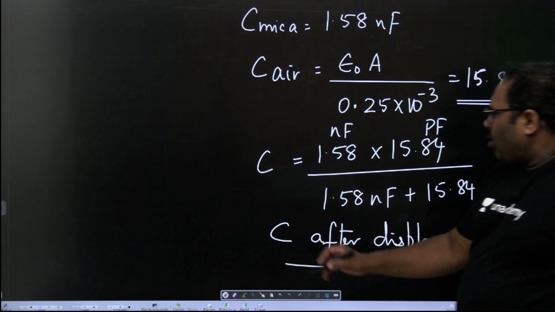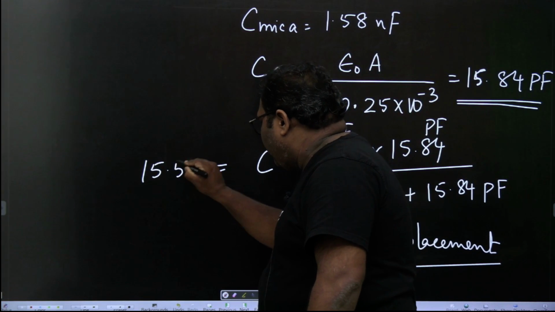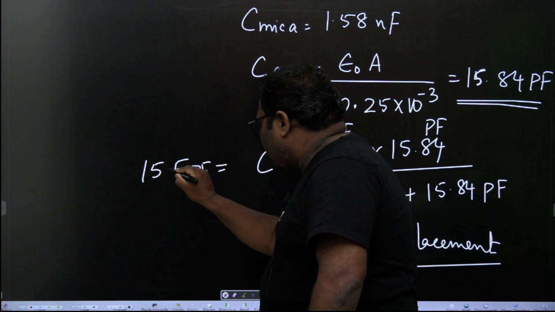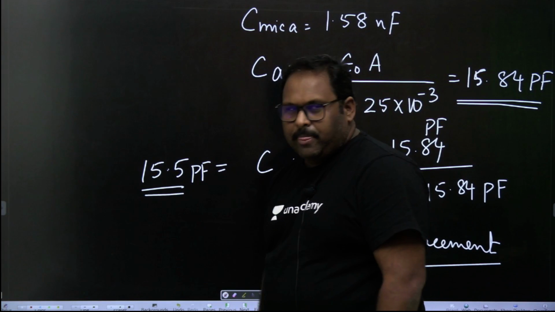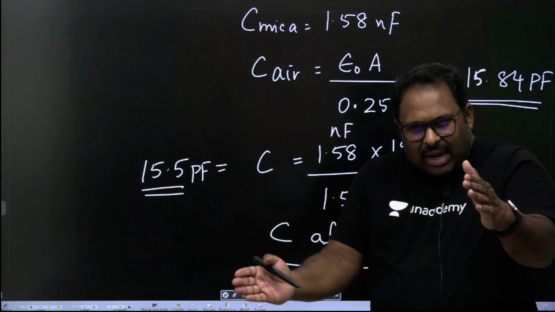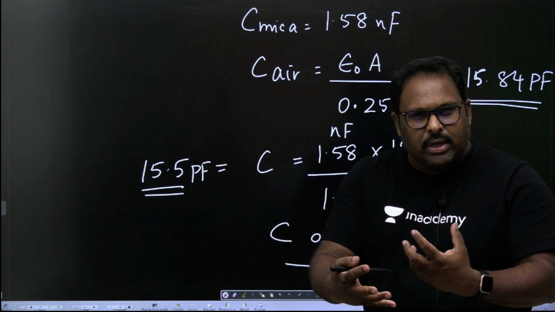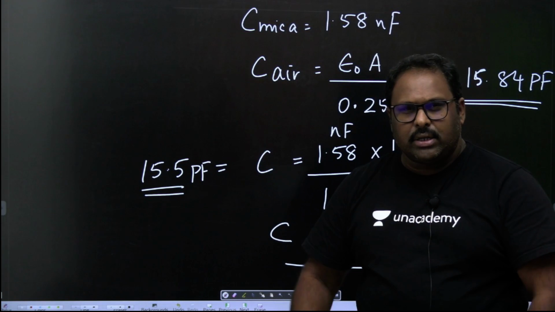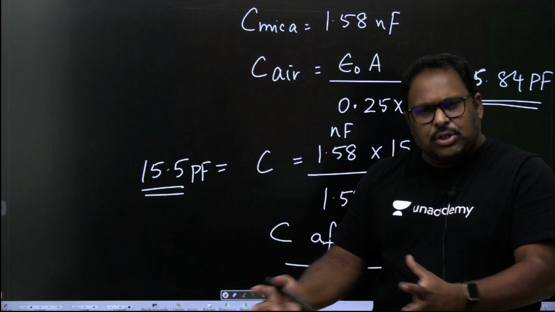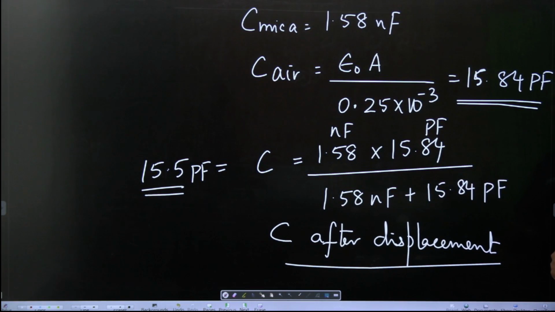So this should be coming to be around 15.5 picofarads. So after putting the dielectric mica, due to the displacement in the air, the capacitance overall decreases. The capacitance overall changes, and it changes to something like this. I hope you got the point.